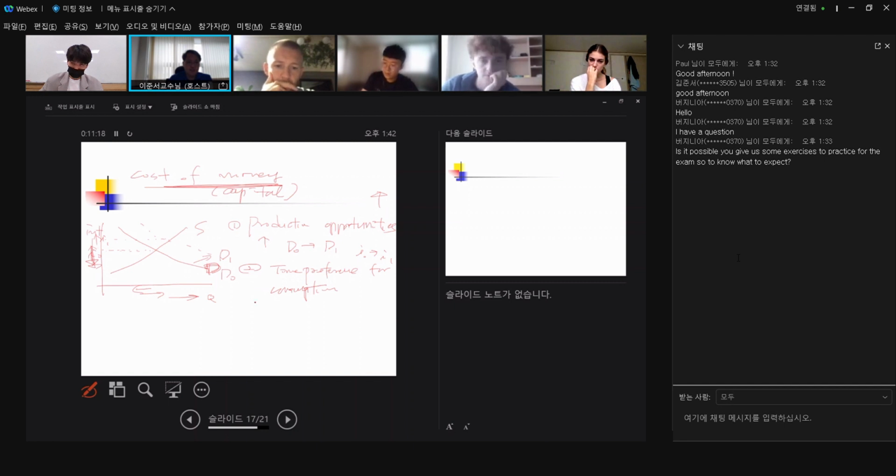By the same token, the demand curve shifts to D1 from D0 if today's consumption preference is higher than the future's consumption preference, then the interest rate also increases to I1 from I0, right? That's the second factor to affect the cost of money.